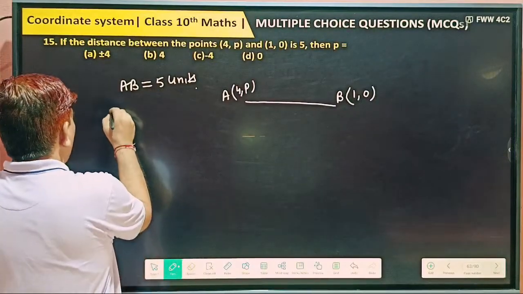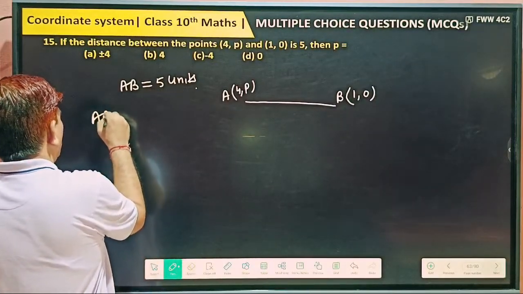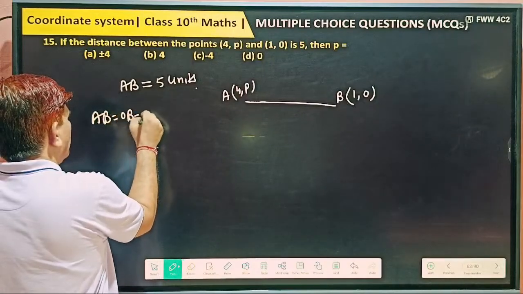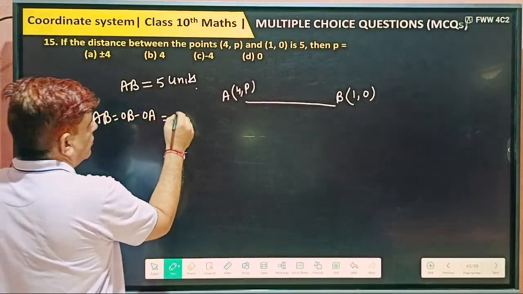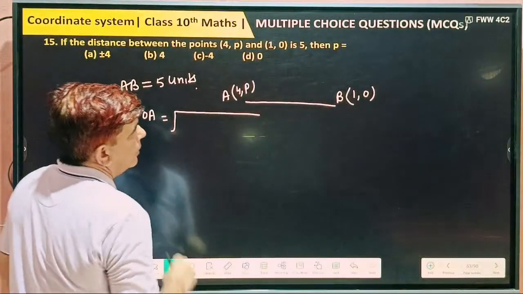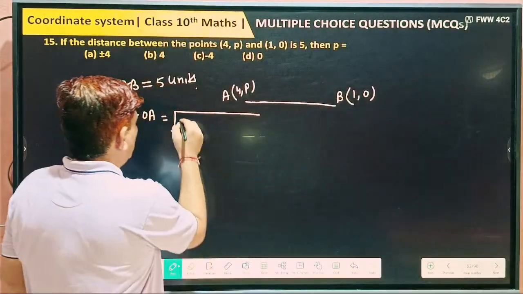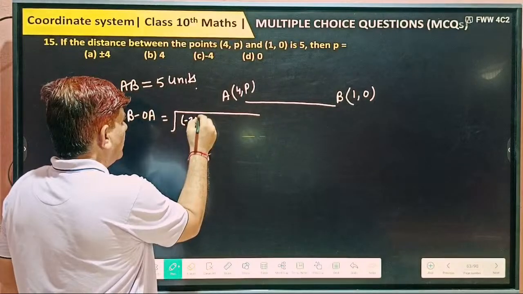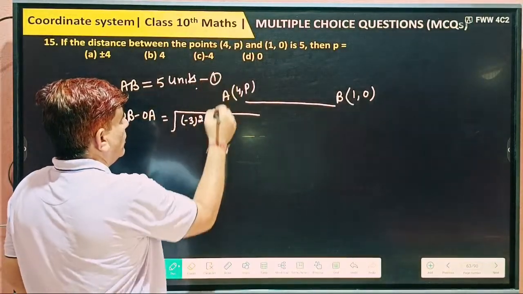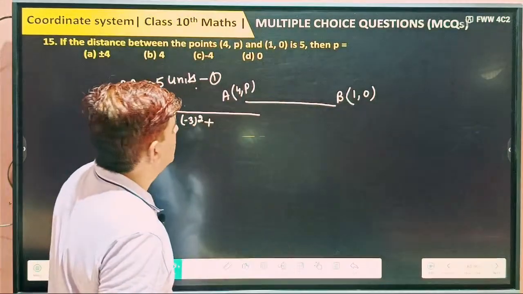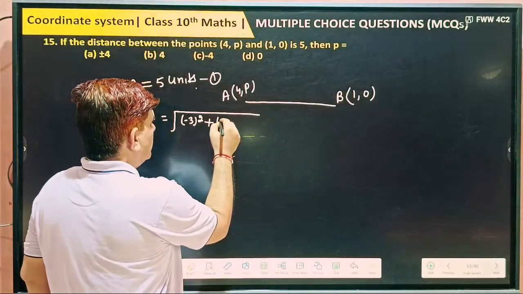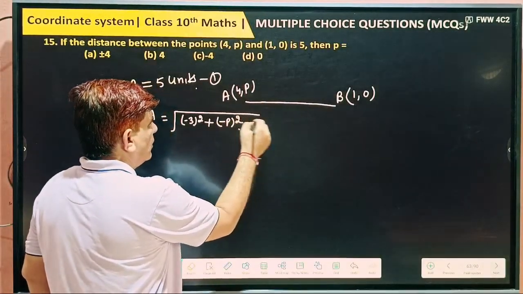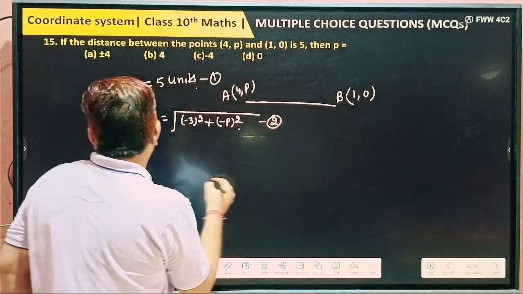And in 1, AB we can find out. AB equal to OB minus OA is equal to under the root (1 minus 4) minus 3 square plus (0 minus P) square.